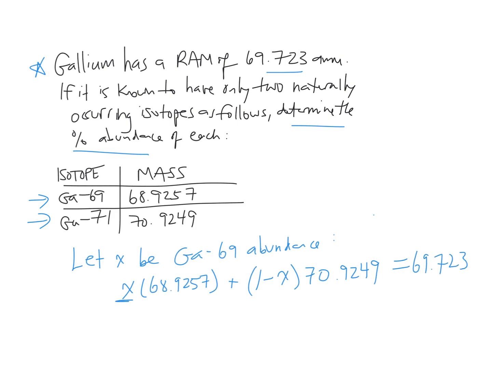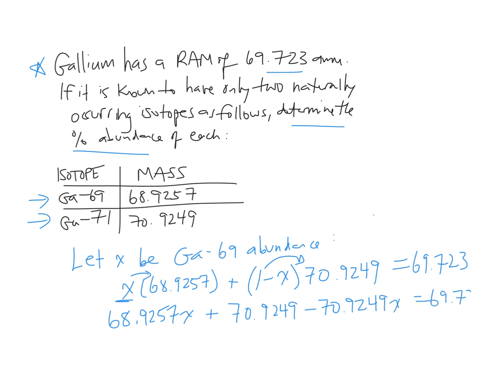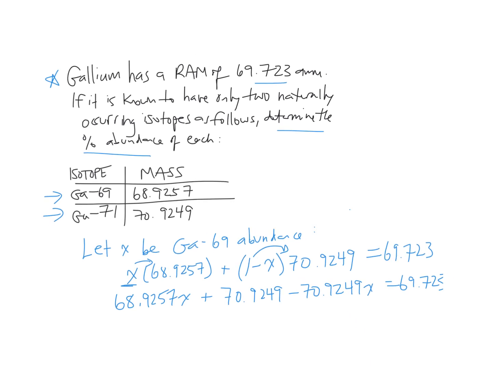A little bit of algebra is required here. If we distribute the X through there, we're going to have 68.9257X plus, don't forget the distributive property, put the 1 through, so that's 70.9249 minus 70.9249X equals 69.723.